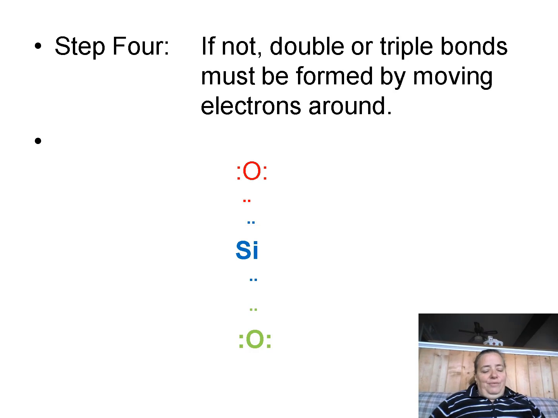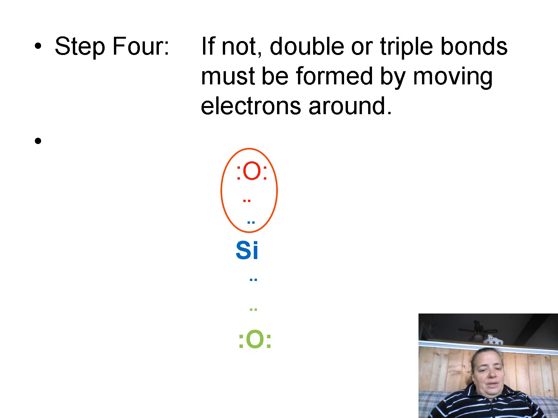So then we ended up with 4 being shared in the middle, in between. So it looks like this. Oxygen gets to count the 4 on the sides separately, and then it also counts its 2 that it's sharing in the middle and 2 that silicon is sharing in the middle.